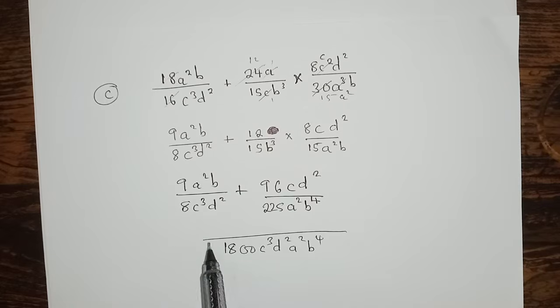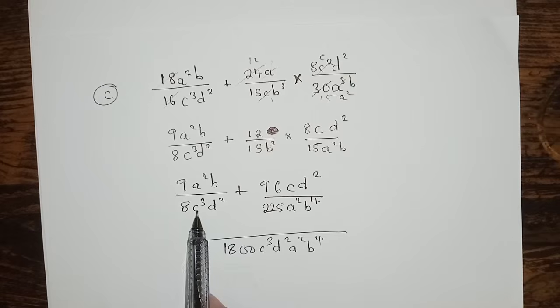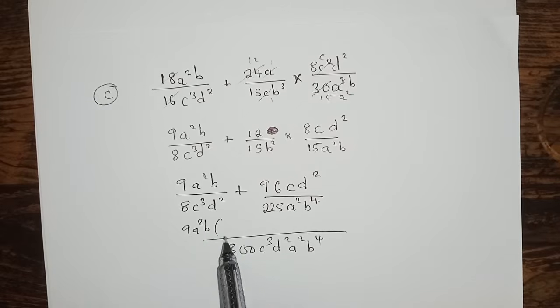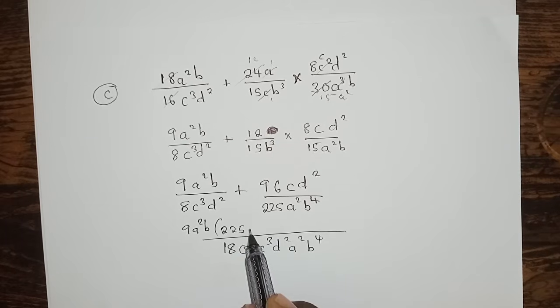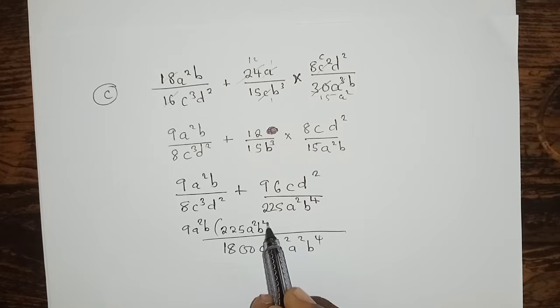So this is our common denominator. So if we say this into this and this will cancel, we will remain with 225 A squared B power 4.